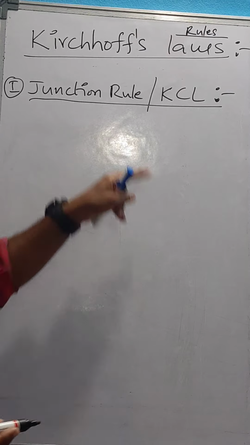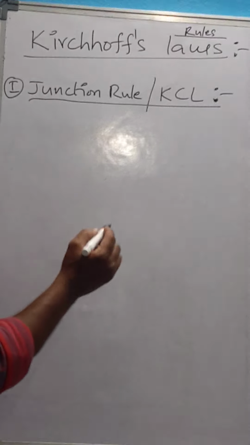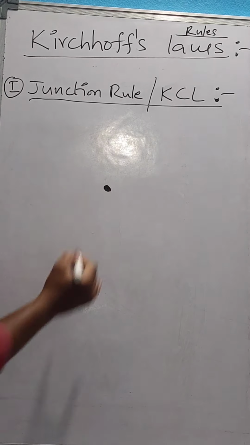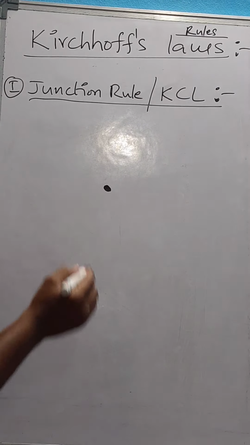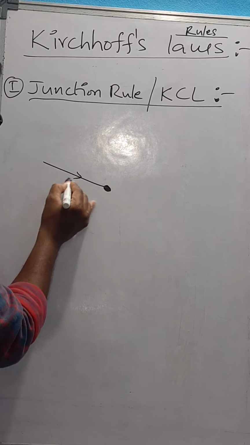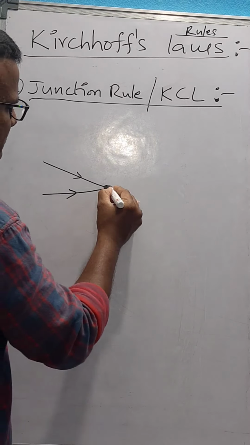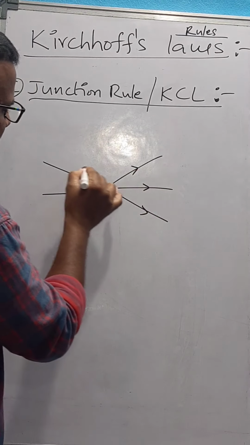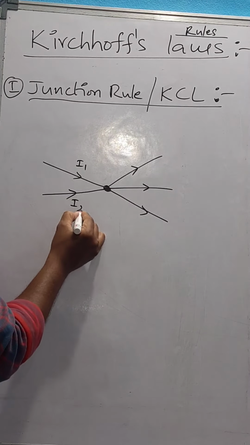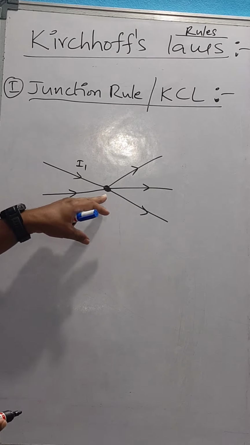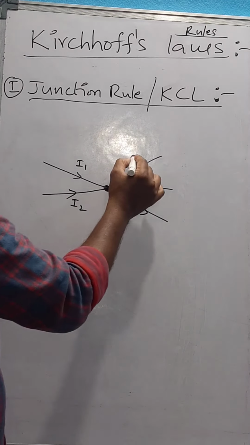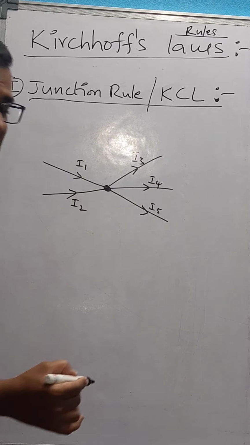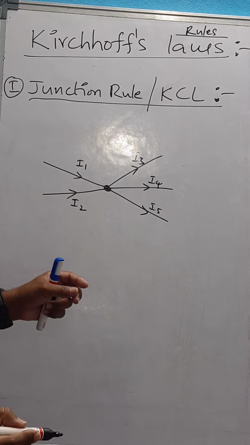Now we will discuss. For example, if a junction point is there, some of the currents are entering that junction, for example I1 and I2 are entering the junction point, and I3, I4, I5 are leaving the junction point.